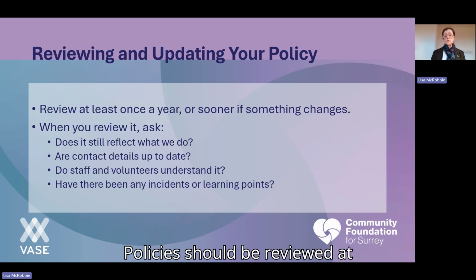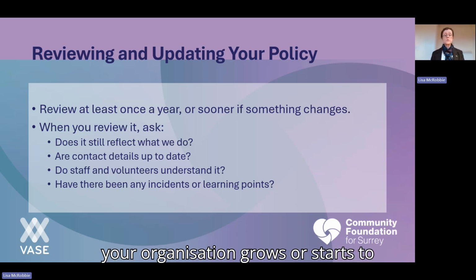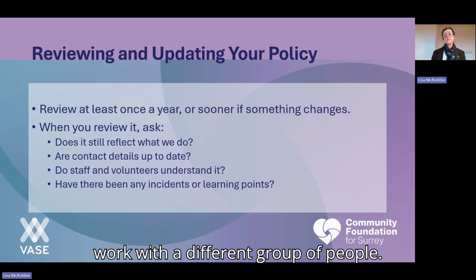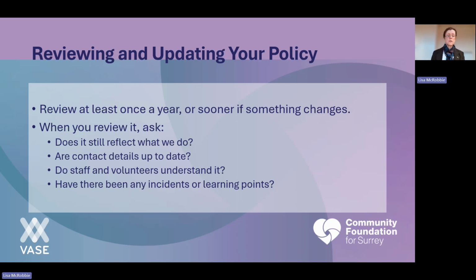Policies should be reviewed at least once a year or sooner if something changes, such as an incident in your organisation, a change in the law, or if your organisation grows or starts to work with a different group of people.